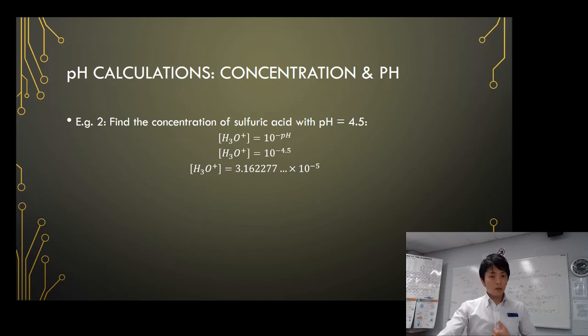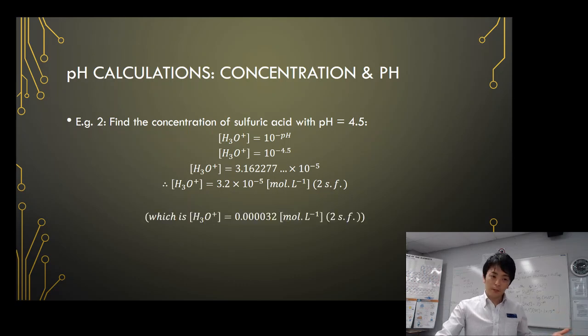Now you can stop there and you should still get the mark, but if you want to get an extra mark in finding the right scientific notation and the right significant figures, you need to look at the question. 4.5 is what's given, which is in two significant figures. So you might want to put your final answer in two significant figures. In this case, 3.2 instead of 3.16.